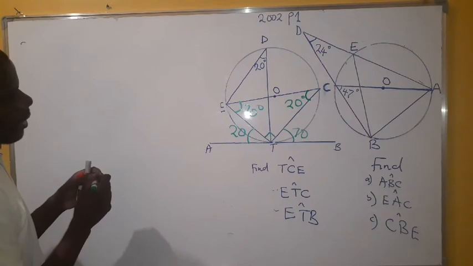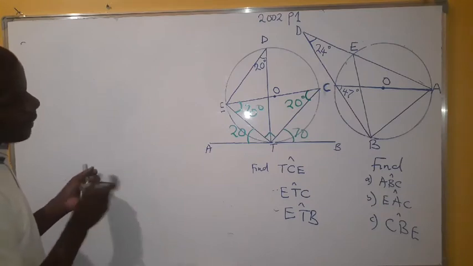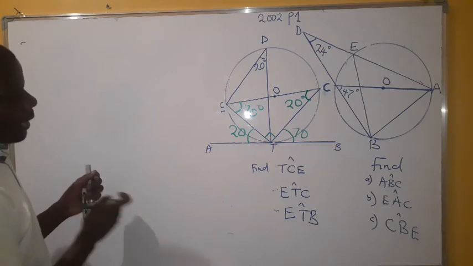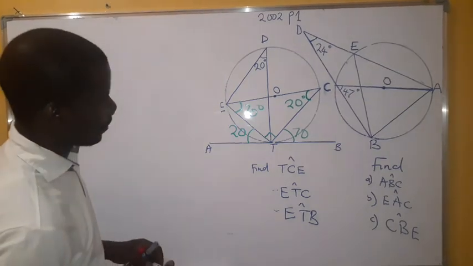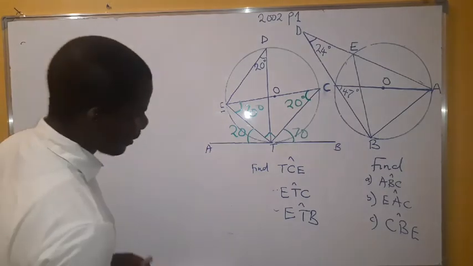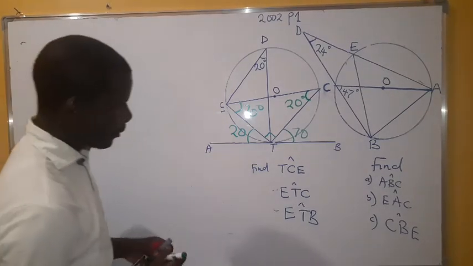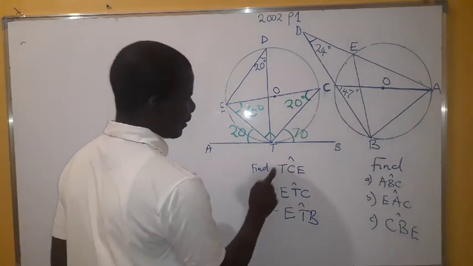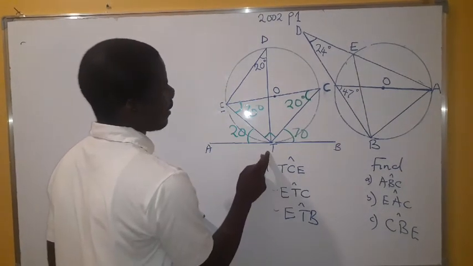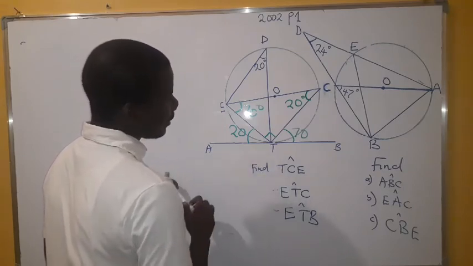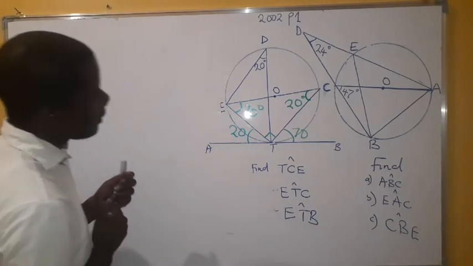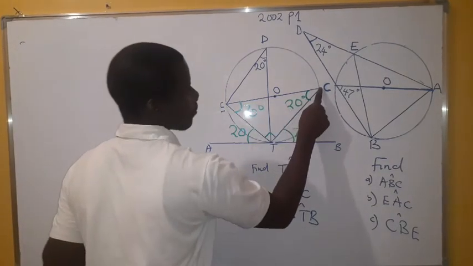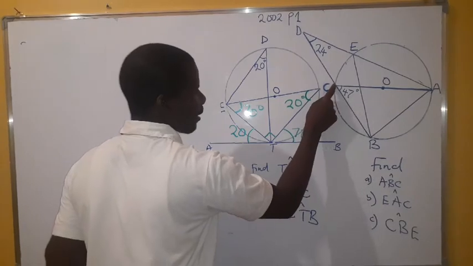So now, what other angle can we find? Before we proceed, let's first see if there is any other angle which we didn't tackle. We'll come and think of TCE. Our C, please, I must emphasize, this C is both for this circle and this one.